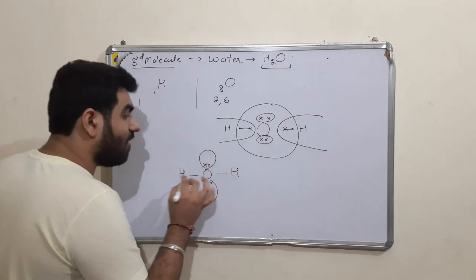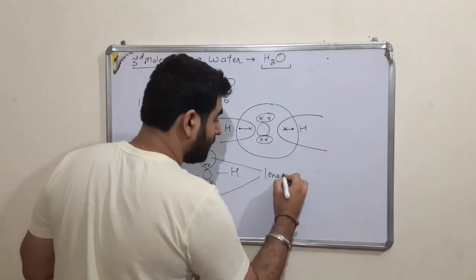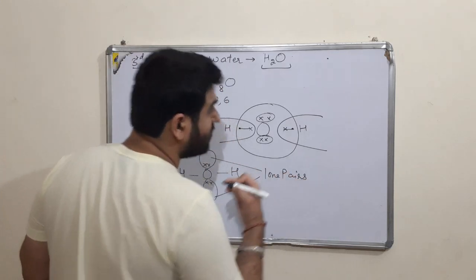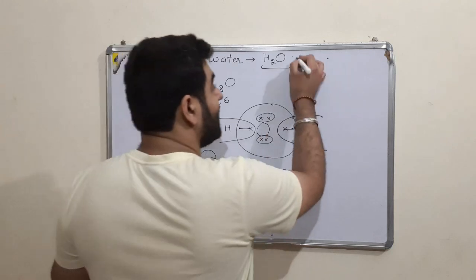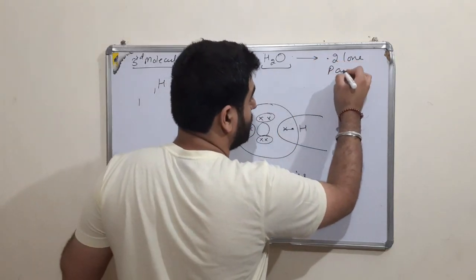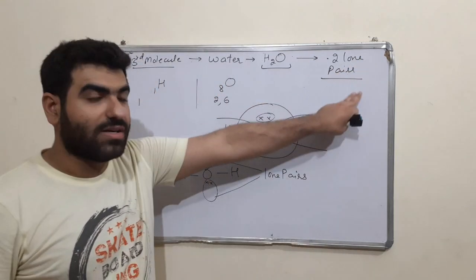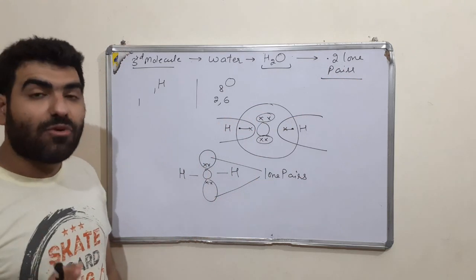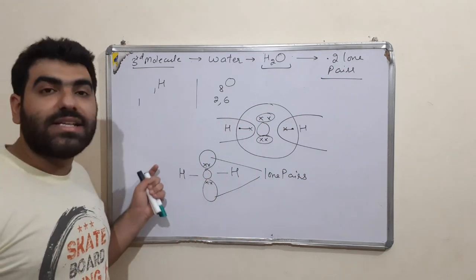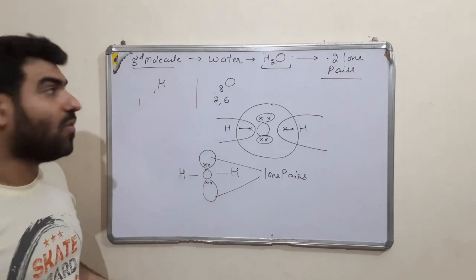So these pairs of electrons are also known as lone pairs. And in the molecule of water, there are two lone pairs. All right. Two lone pairs means 4 electrons which haven't taken part in the bond formation. All right. So this is the molecule of water.